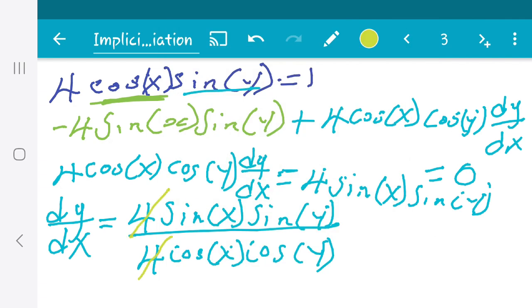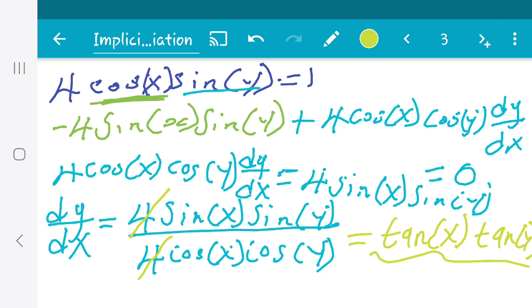And we also know the relationship that sine over cos is equal to tan. We have sine on the top, cos below, which means this will be equal to tan of x multiplied by tan of y. Okay, that is your final answer. Final answer will be tan of x multiplied by tan of y.